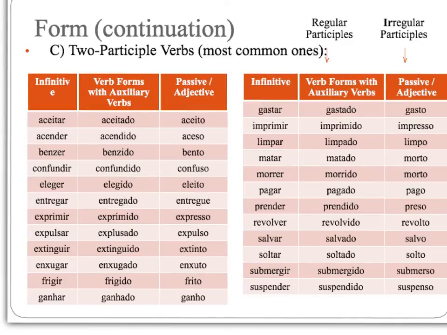All right. In this very extensive list of verbs that I added here, okay, you have to keep in mind that these verbs, they have two forms for the participle, okay? One that is a regular form, and one that is an irregular form.